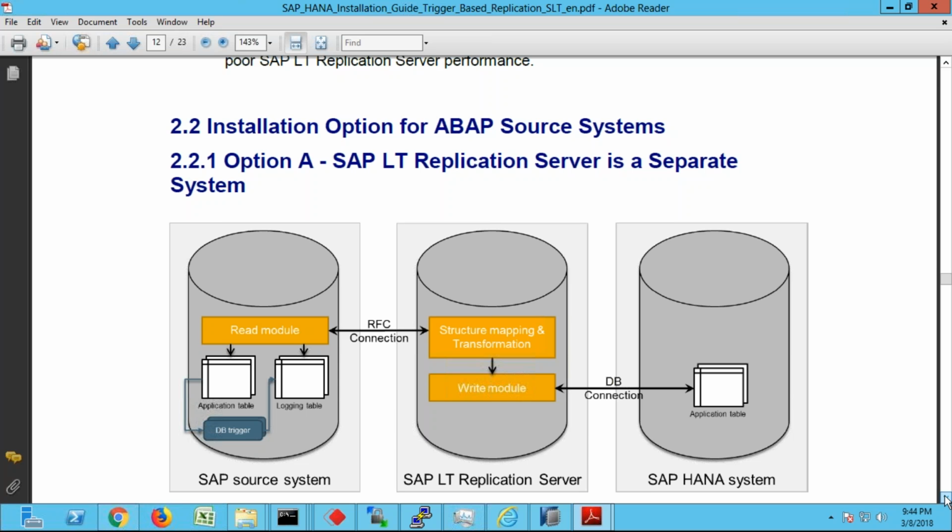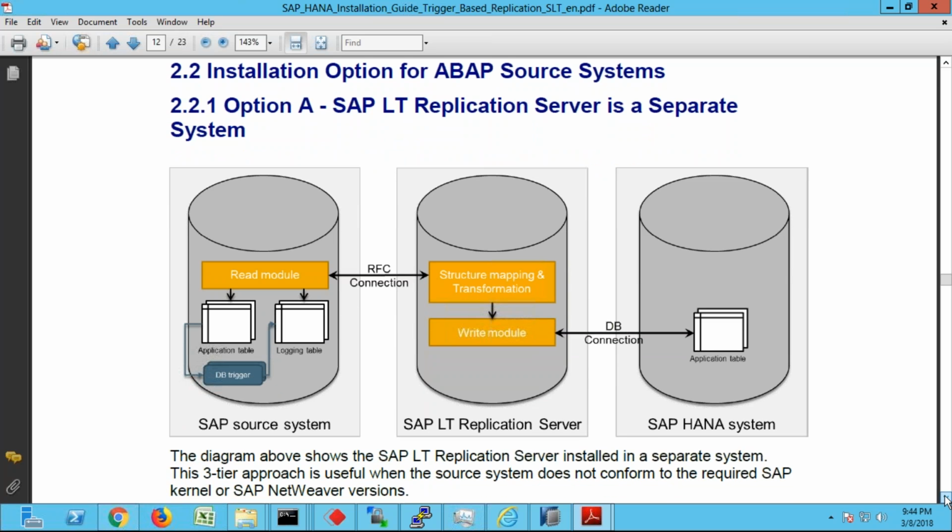So what you can see here is on the left side you have the SAP source system like ERP, CRM, anything like that. On the right side, we have the HANA database, and in the middle we have SLT. A separate server is set up there.